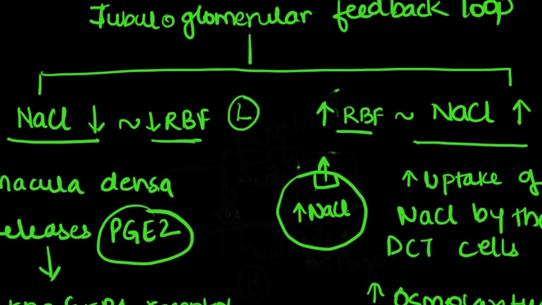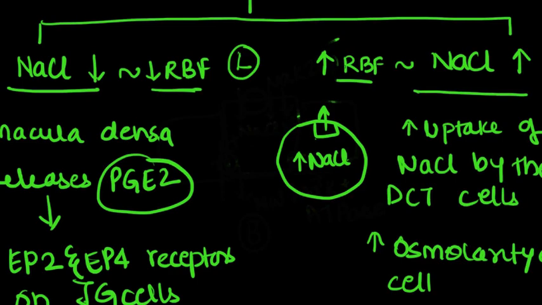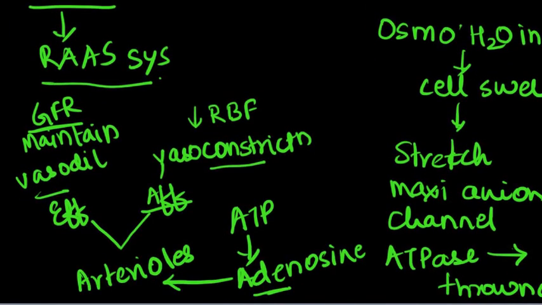The second part to remember: if sodium chloride is high, it is almost equivalent to a high glomerular blood flow, and it needs to reduce it. How can it reduce it? By influencing the arteriole. So the start is the macula densa and the end has to be at the arteriole to reduce the blood flow. It does that by releasing ATP, which gets converted into adenosine. This adenosine will then act on the arteriole, so you can remember it as AA, and it acts selectively.